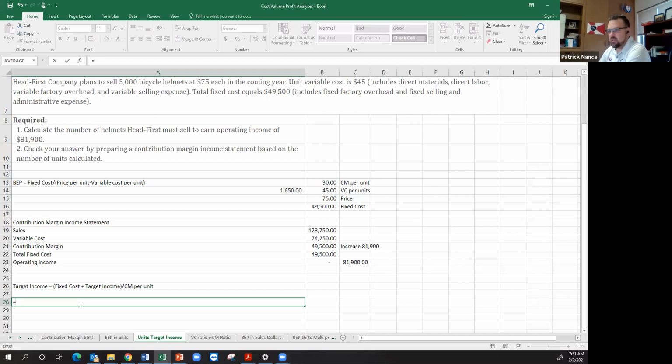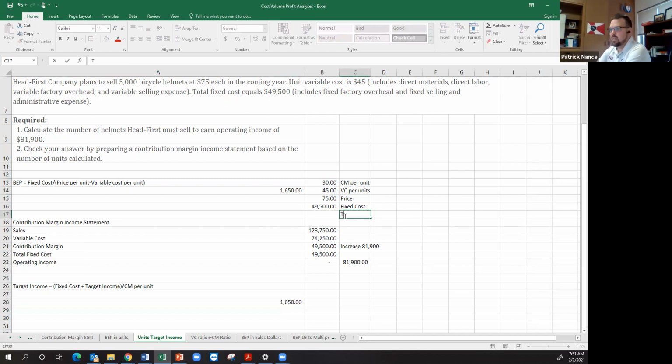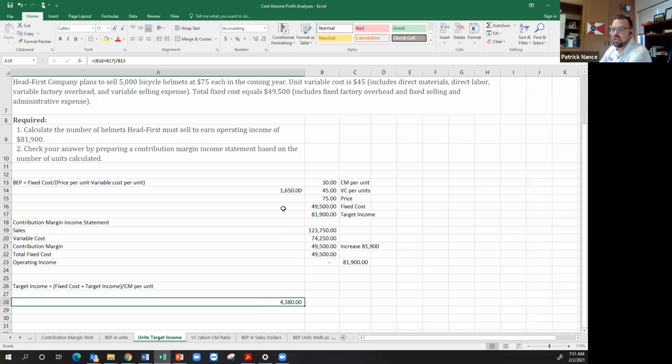If I use my formula here, I'm going to say equals fixed cost plus, I'm going to put the target income right here, which is 81.9, divided by my contribution margin per unit. Target income is 81,900, so 4,380.